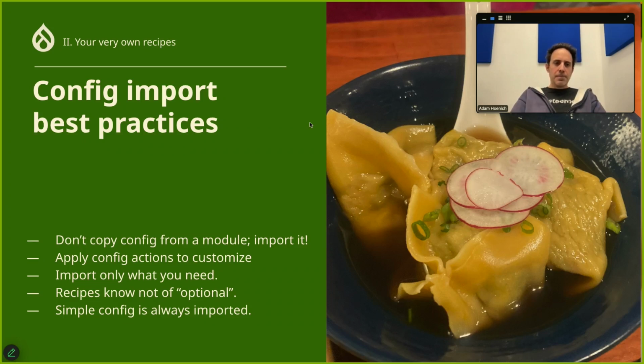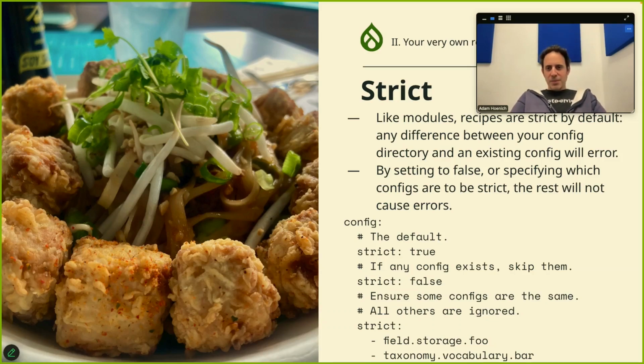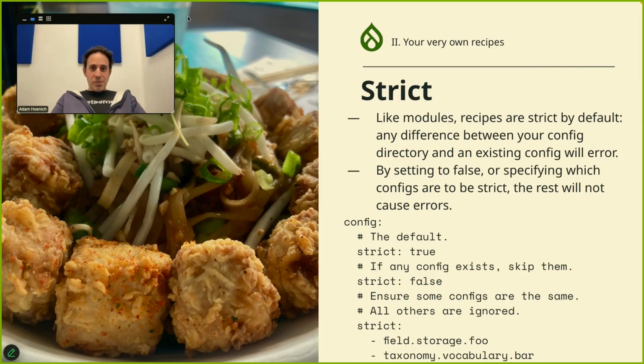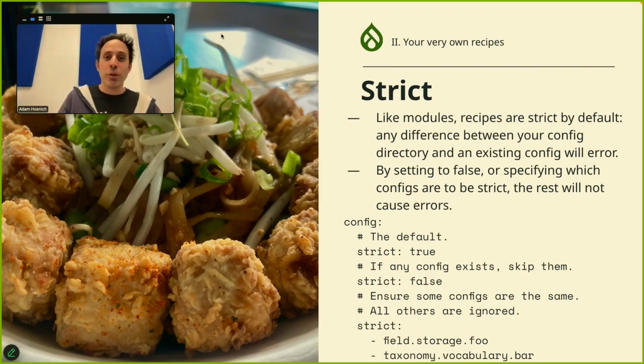Here's a thing I learned while working on recipes. All right, this is a fun one. You want to talk about strict, Adam? Yes, I do. Because for the longest time, this was a real pain. Say you have a recipe that has an entity view display in the config folder.